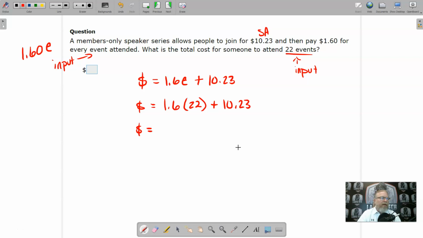And that's going to be 35.2. And we're going to add to that 10.23. And that's going to give us a total of $45.43. So our cost is $45.43.